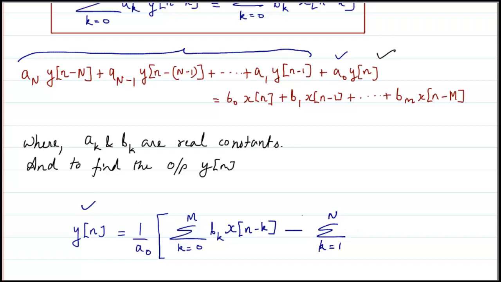This is 0. So k is equal to 1 to capital N ak y of n minus k. So this is the equation for finding out y of n.